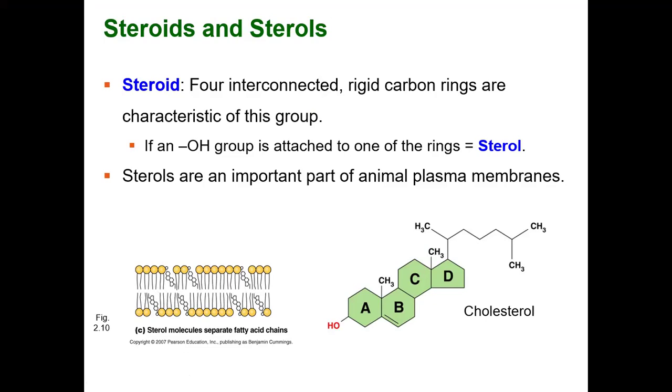And so animals put cholesterol in their cell membrane to help strengthen the cell membrane. Cholesterol is only found in animals. You do not find it in plants. And as you know, a plant cell has a cell wall which will protect the cell membrane. Any question about any of that?